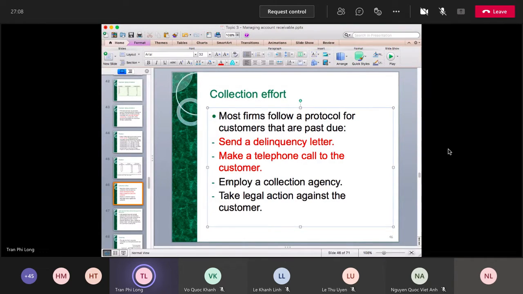For example, if the account receivable is not much, and if you employ a collection agency, maybe the cost you have to pay is a lot. Okay, the similar reason is for taking the legal action against the customer. You also have to pay a lot of fee, something like that. And maybe if you follow the court, it will cost you a lot of time.